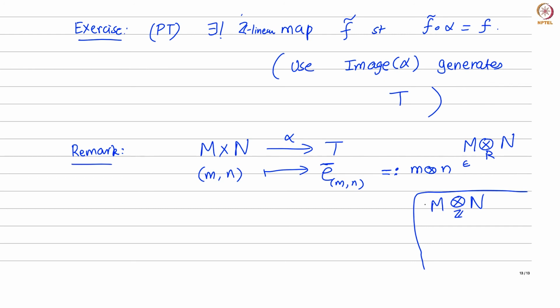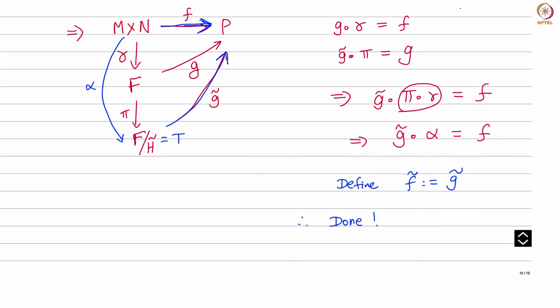This has a different universal property, which is with respect to the maps F where I just take F to be the usual bilinear map without being balanced. Okay, for such maps, you get this universal property. So that object is M tensor N over Z. Okay, that was our previous construction. Whereas if you look for M tensor N over R, that's a different object that has a universal property with respect to the R balanced maps, and its construction is different.